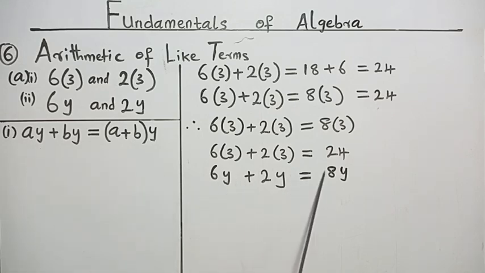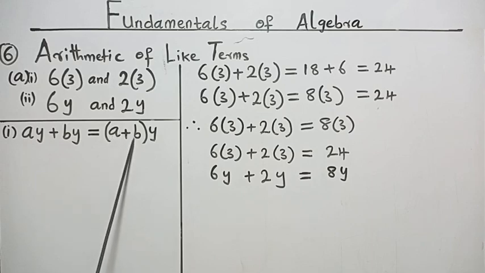So we learned earlier that this 8 was gotten by adding 6 to 2. Therefore, let that 8 be A plus B. That is 6 plus 2, corresponding to this A plus B. I hope you now know why this A plus B is here. So 6 plus 2 is this 8.